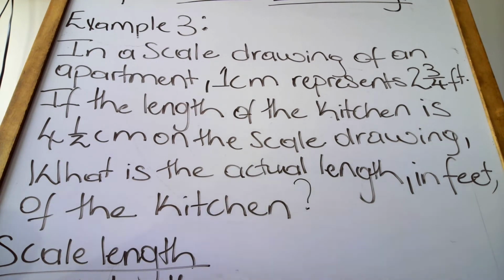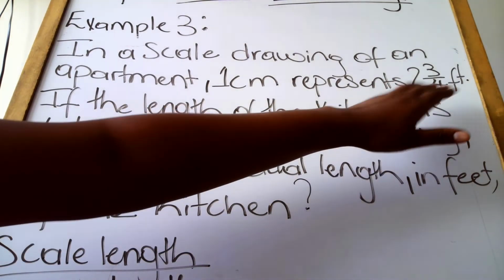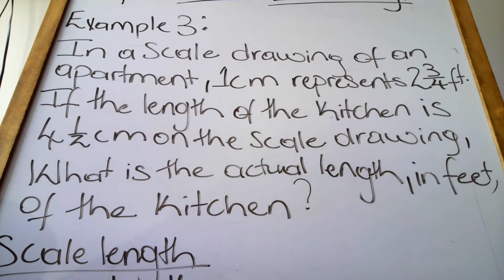The question says, in a scale drawing of an apartment, 1 centimeter represents 2 3/4 feet. If the length of the kitchen is 4.5 centimeters on the scale drawing, what is the actual length in feet of the kitchen? Right?